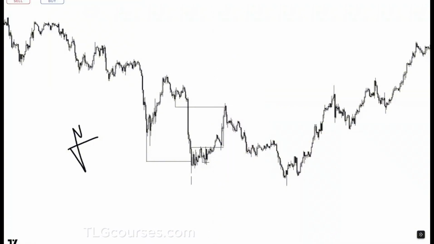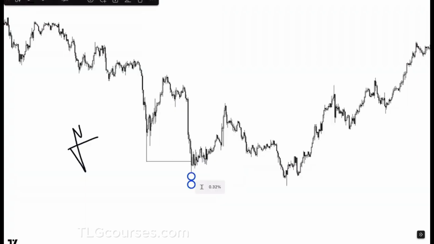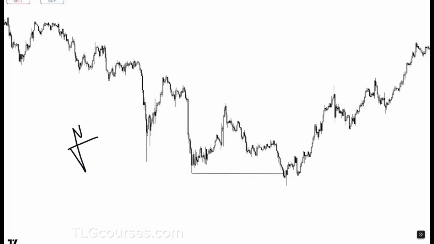Right, here's another example of a model number 1. Right over here, you have a low, and then you have this low also, which stabbed into the previous low. And I chose this example on purpose because it's an atypical model number 1, right?